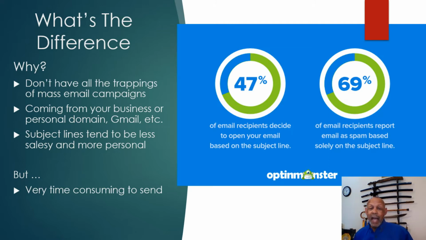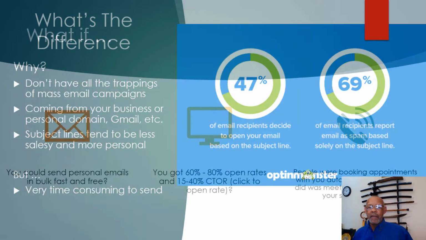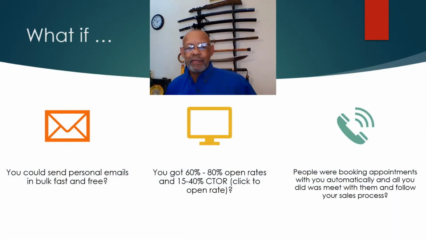And then 69% of email recipients report email as spam, totally based on just the subject line alone. So for nothing else, those are two very good reasons to really work on getting your email subject lines in order so that they get opened.